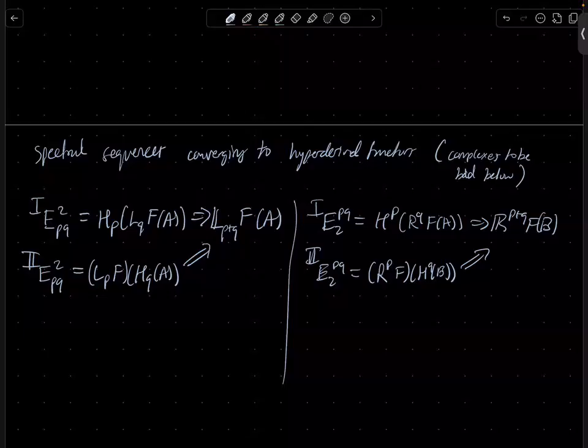Can I ask a question? Yes. On the left hand side of each of these spectral sequences, I see the L_Q is not bold. Right. So here this is the ordinary derived functor. Right, but the A is a complex, right? Right. So what is F of A?